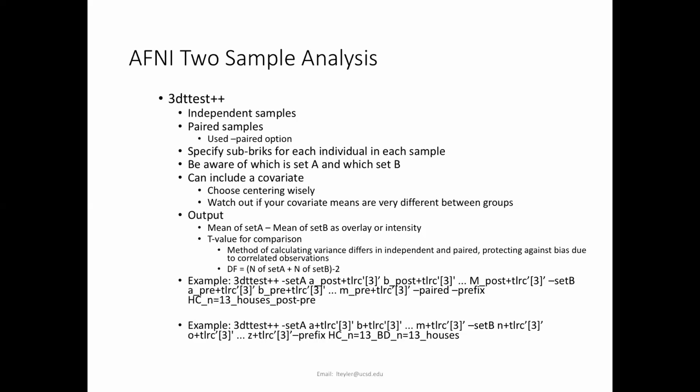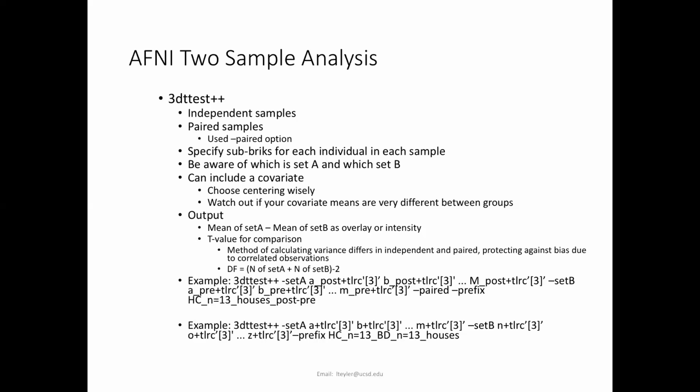And then you have to, again, specify the subbricks. You can include a covariate, again, but here you need to be really careful with 3dttest++ in terms of choosing whether or not to center your covariate. I'm not going to go into detail about that because you probably heard about this in your statistics class, but think about where you would center your covariates, and also watch out if your covariate means are very different between the two groups.